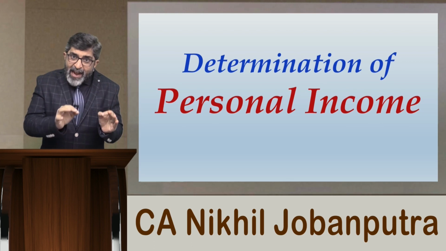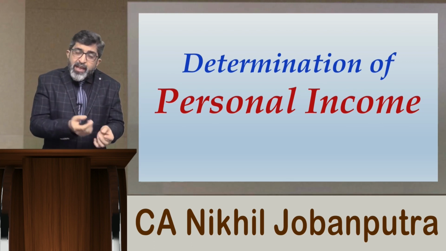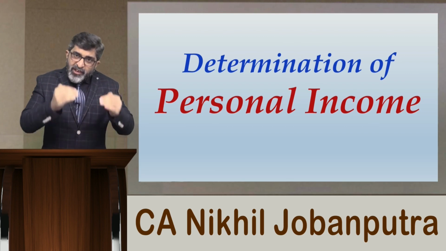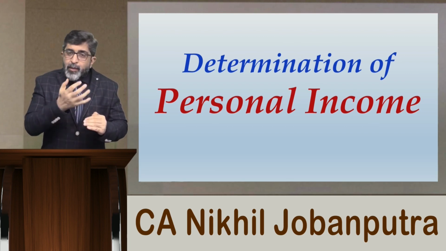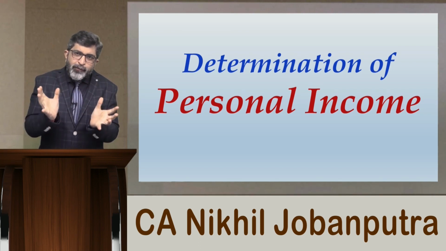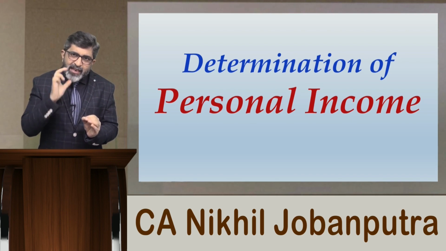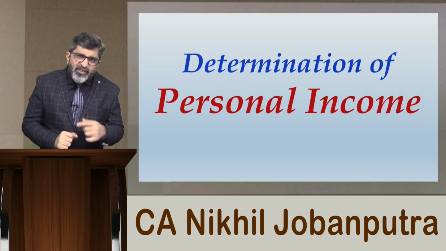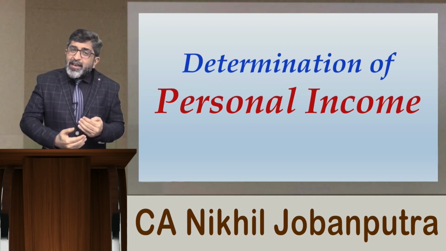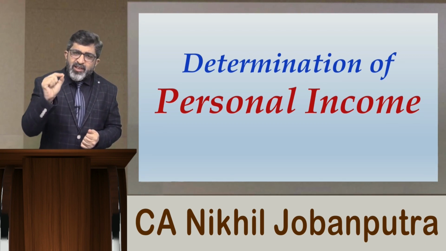To that you add payments received which are not forming part of income, and deduct the amount which is included in the national income but was never received in hand by the household. This logic, if you fit in your mind, you will get to arrive at personal income. One more adjustment you do and you can arrive at yet another connected component, that is disposable personal income.